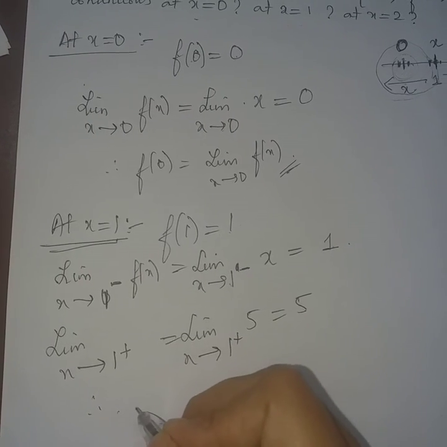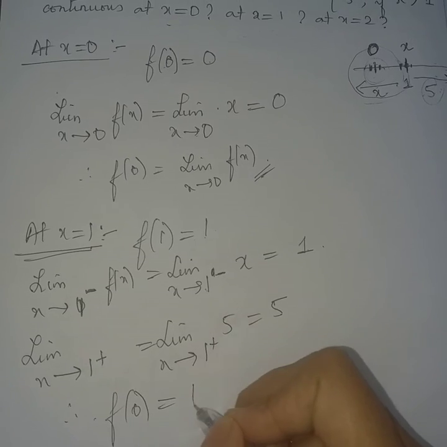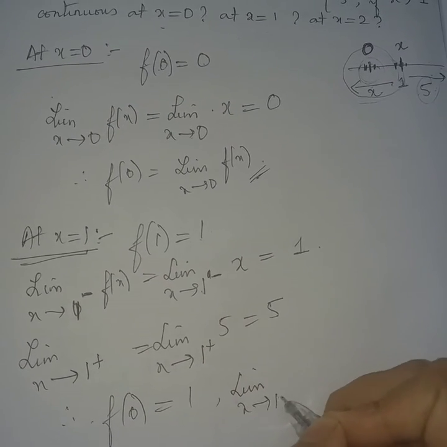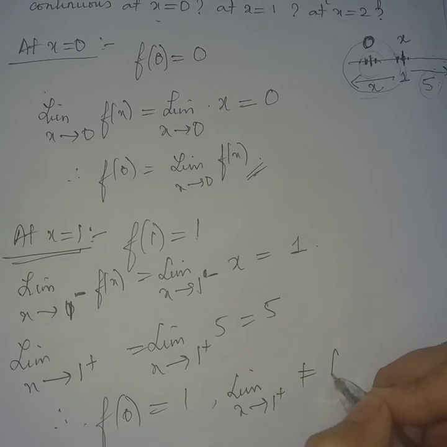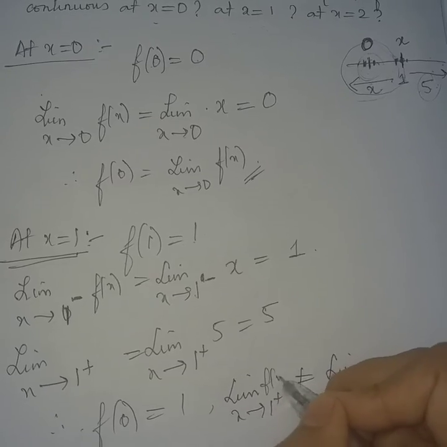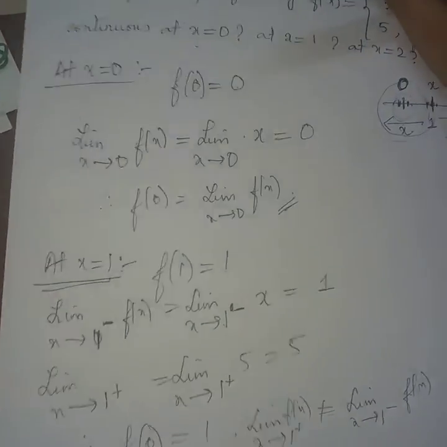Therefore f of 1 equal to 1, but limit of x tends to 1 plus is not equal to limit of x tends to 1 minus of f(x). So the function is not continuous at x equal to 1.